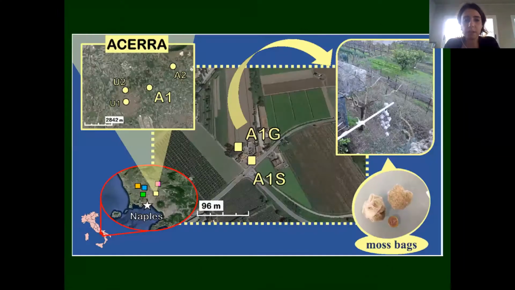For example, in this image, you can understand better. Acerra is one city. In each city, 2 urban sites and 2 agricultural, with the U and A. And in each site, 20 meters distance, 1 green area and 1 street area.